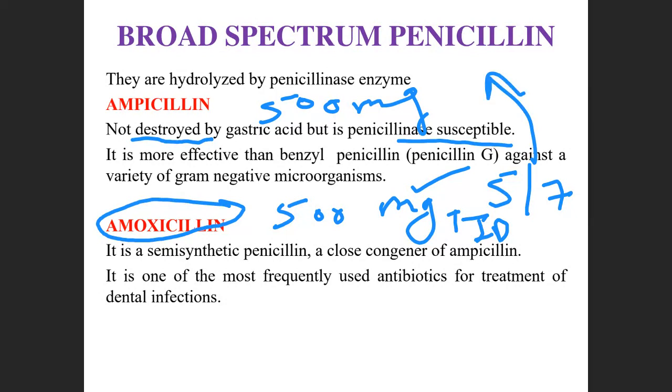One more thing: we can give a prophylaxis treatment of amoxicillin as well.